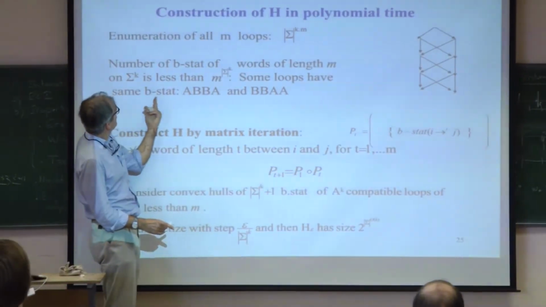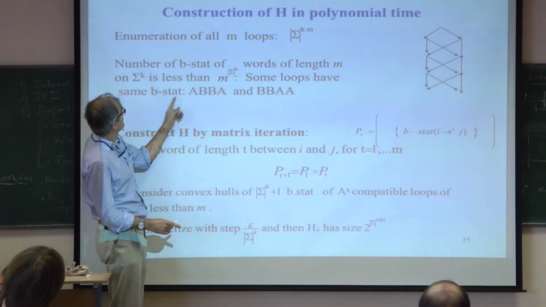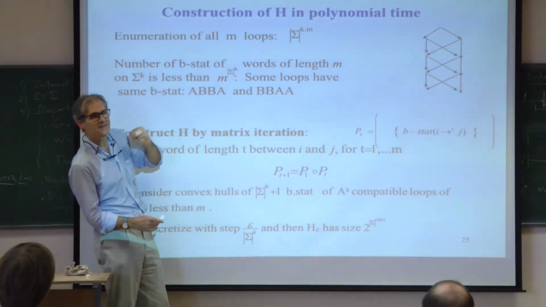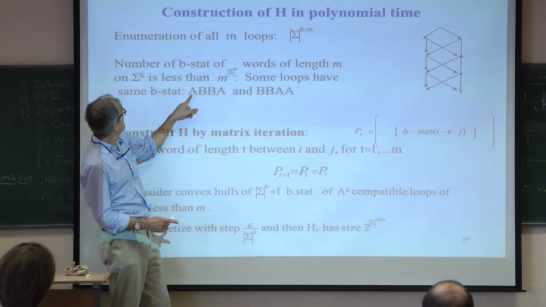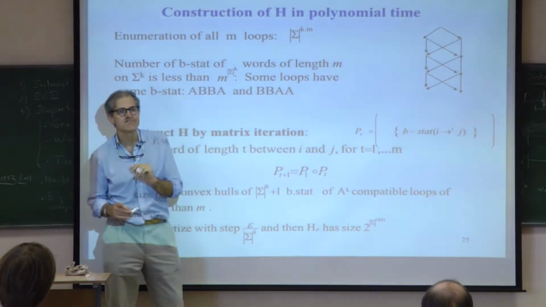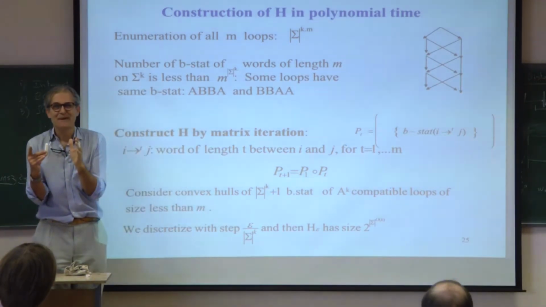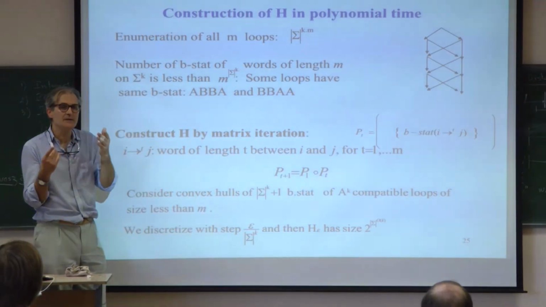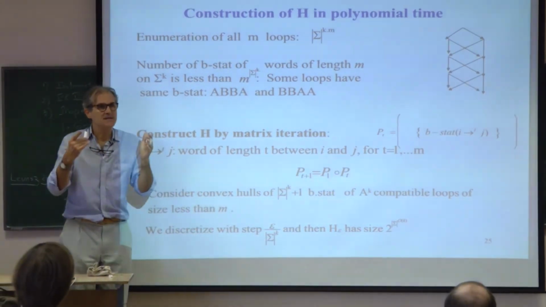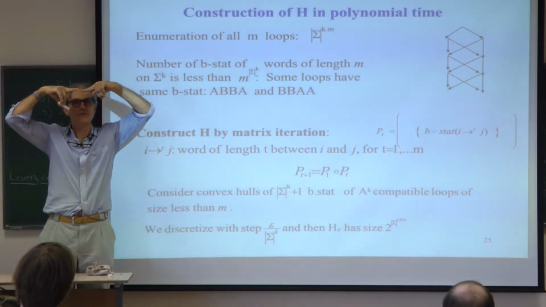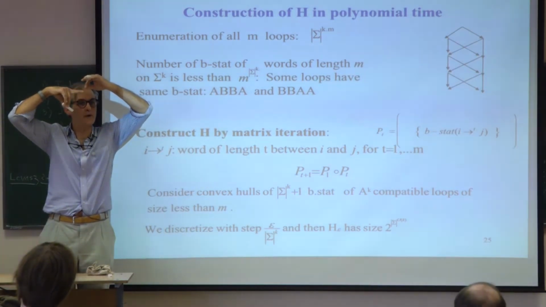So for example, if you think of the loops as blocks, maybe the big letters are sequences of small letters. So for example, if you're looking at the block ABBA, it has the same statistic as BBAA, right? And actually, the key question is how many different statistic vectors you get. Well, what's the number of possibilities for the first component? If it has one occurrence, the density will be 1 over n.